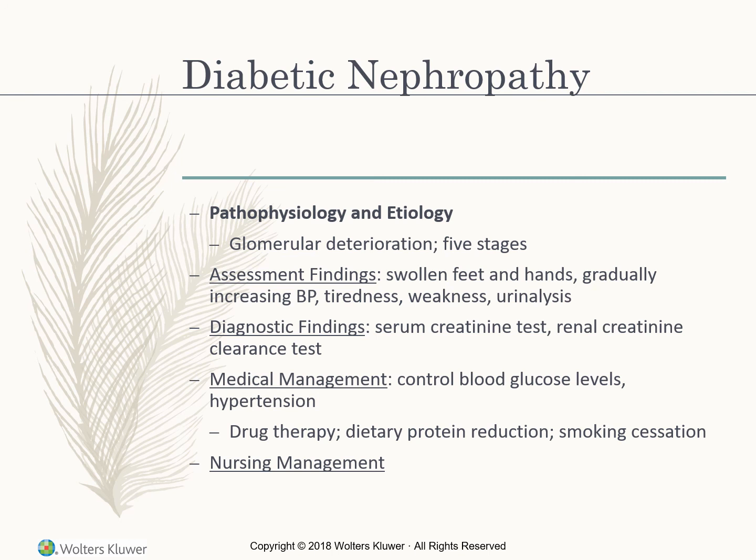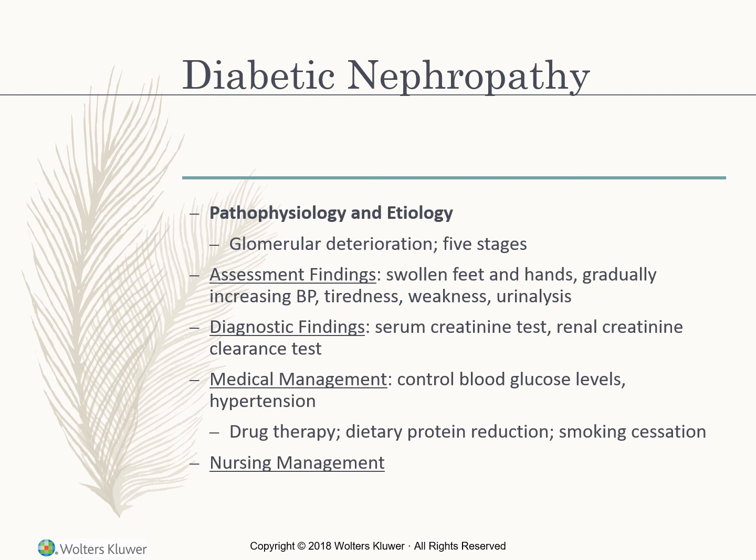We're also going to want to educate them on reducing dietary protein and strongly recommending to stop smoking if they do. It is our responsibility to monitor their blood glucose and their HbA1c results. We're going to always want to check to see if their urinalysis shows evidence of albuminuria.